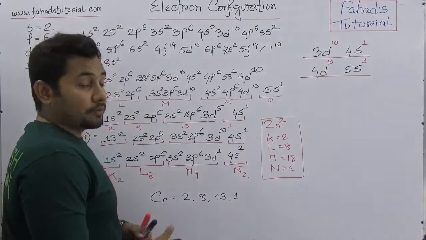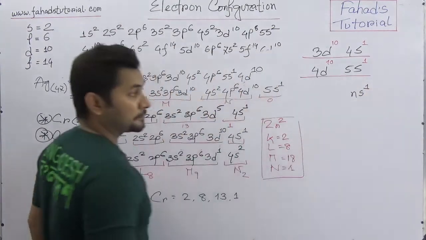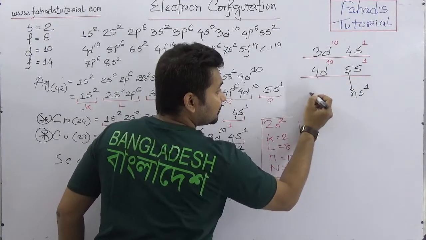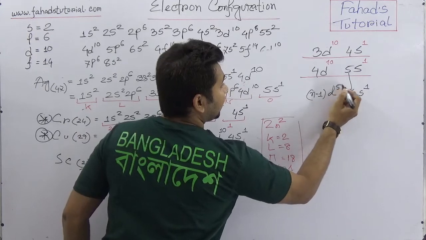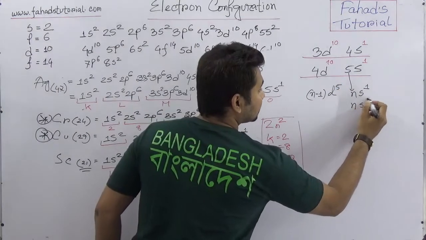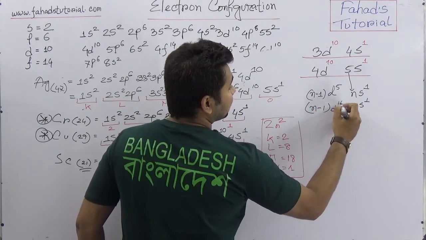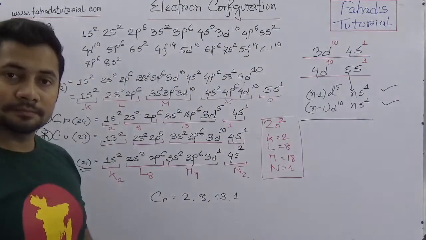So if 5 is n, then 4 would be n minus 1, d5, or n is 1, n minus 1 d10, is the stable electron configuration.